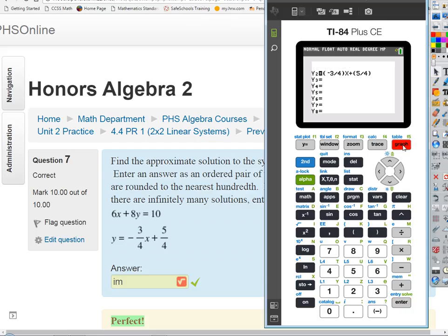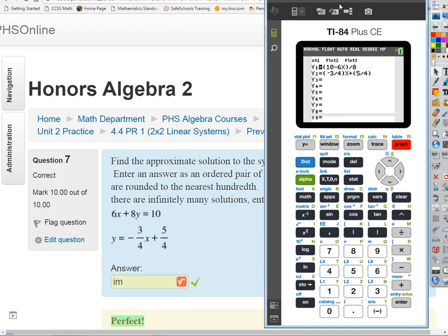So there it is. Okay. If I go back and turn the first equation on and turn the second one off, notice I get the same line. Okay, so then that would be a way, if I didn't have the fancy color addition, that I could still see that they're the same line.